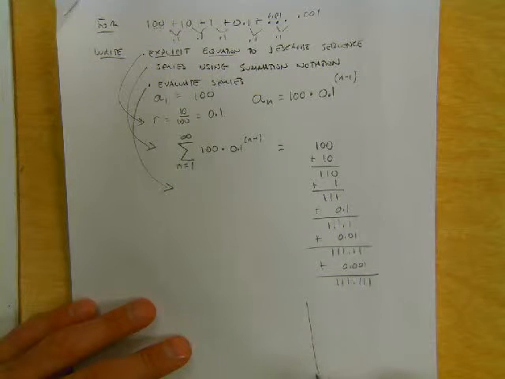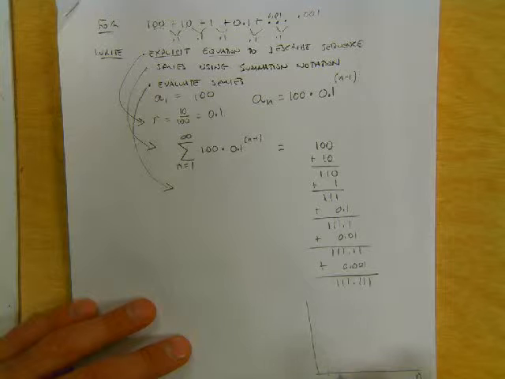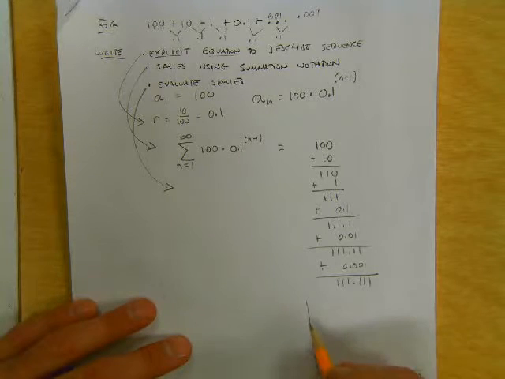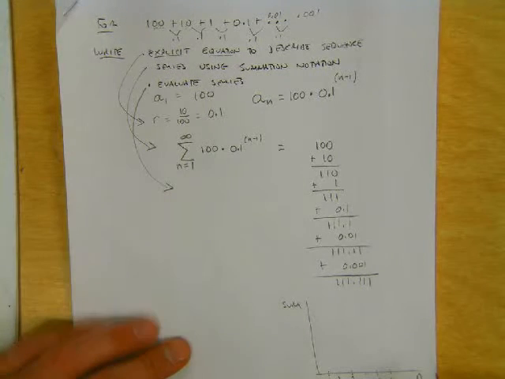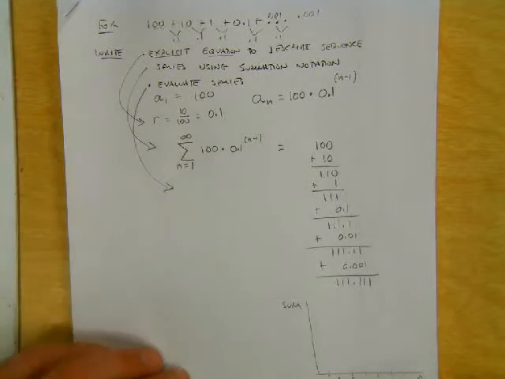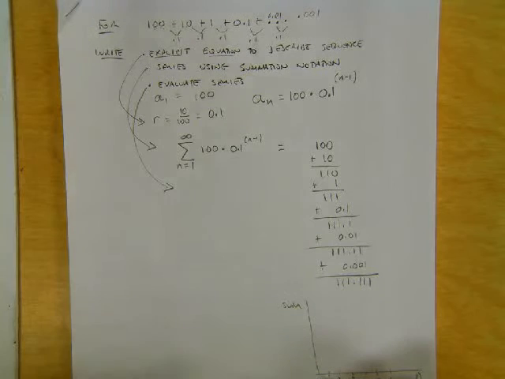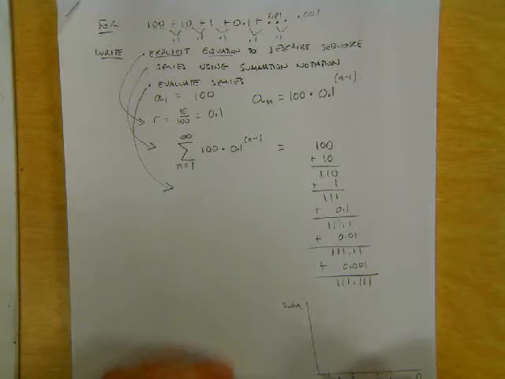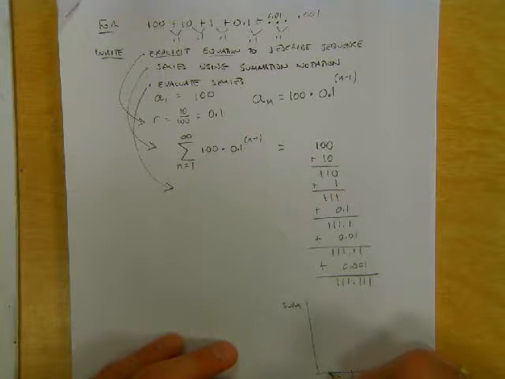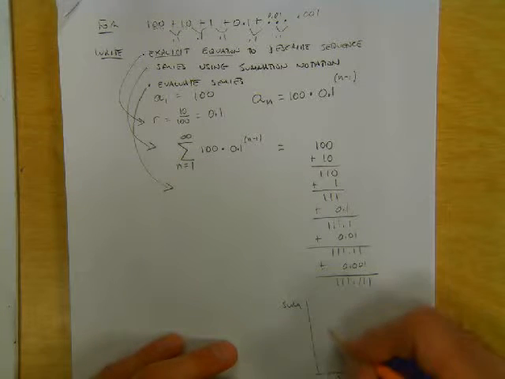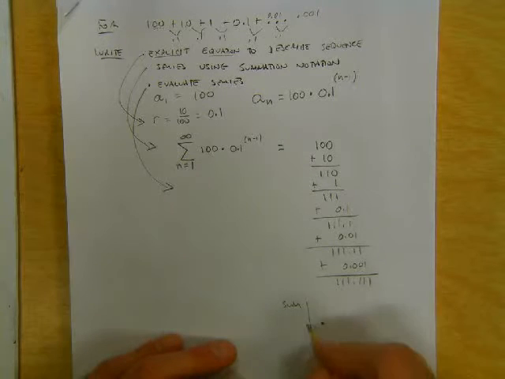Let's take a look at a graph and see if this can help us. And let's put the n value on the x-axis, and then let's put the sum on this axis. And so with 0 terms, we don't have any sum at all. But when we're at n equals 1, when we add up the first term, we have 100.